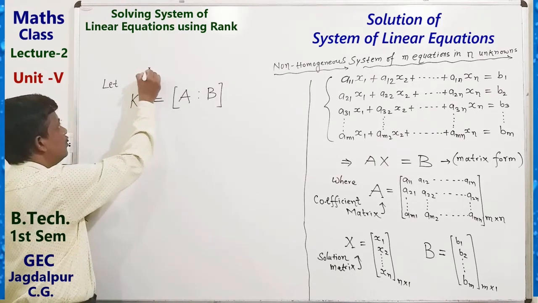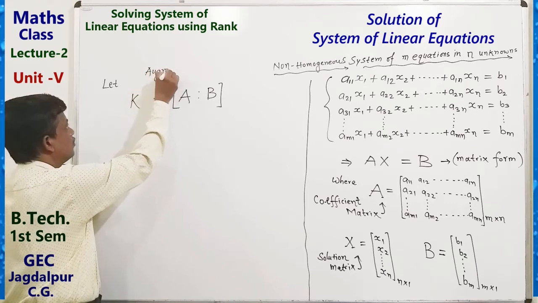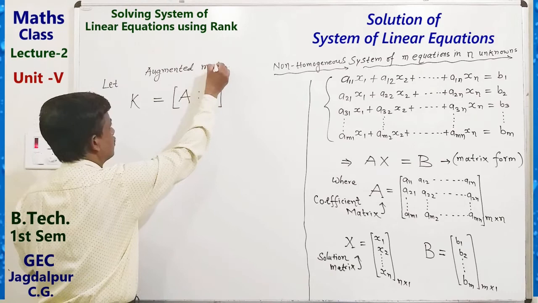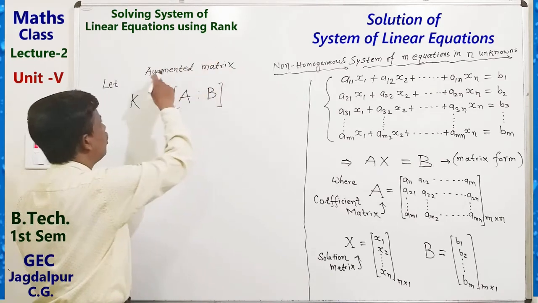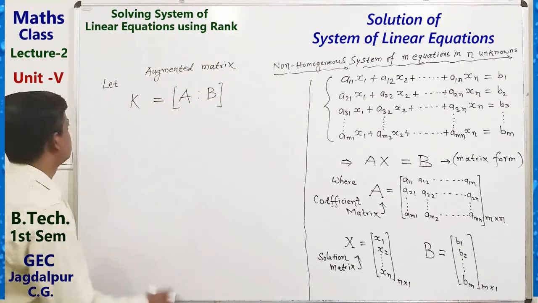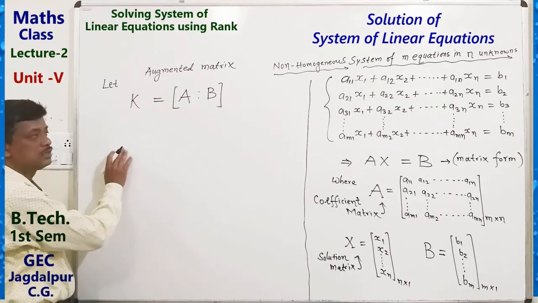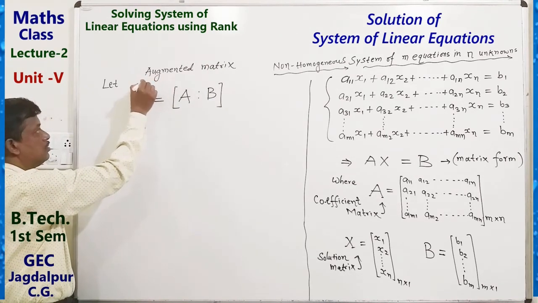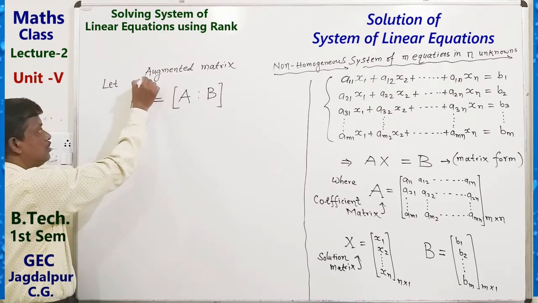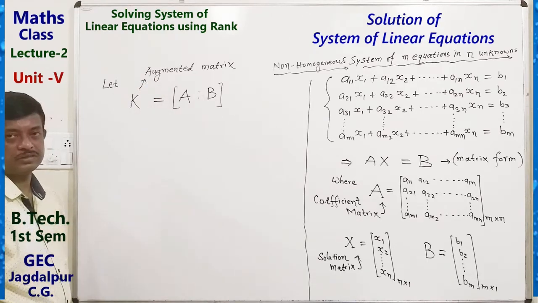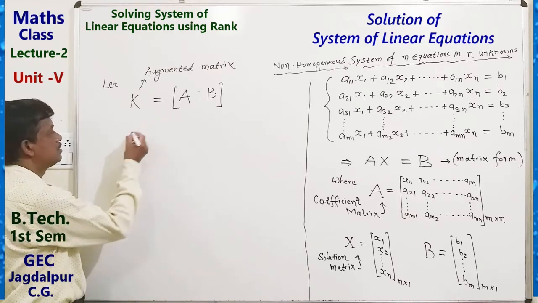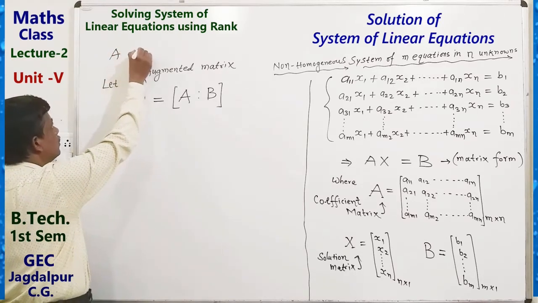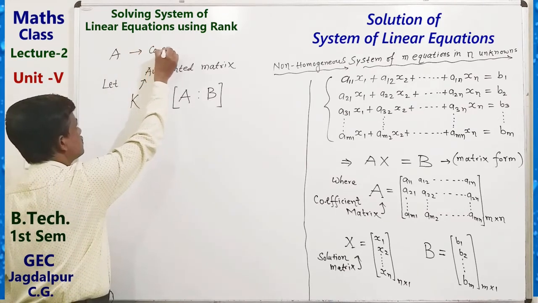Let K equal this augmented matrix. K is called the augmented matrix, and A is the coefficient matrix.